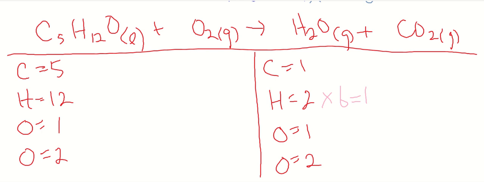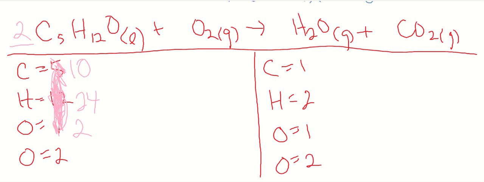If not, you can go through it and you'll see that we'll need multiple pentanols. I don't know where my eraser is, just going to scribble that out. So it's going to be 10. We're starting with 10 and 22, 24 hydrogens and 2. I did that so I can get an even number on the left side, because it looks like I'm going to get an even number on the right side.